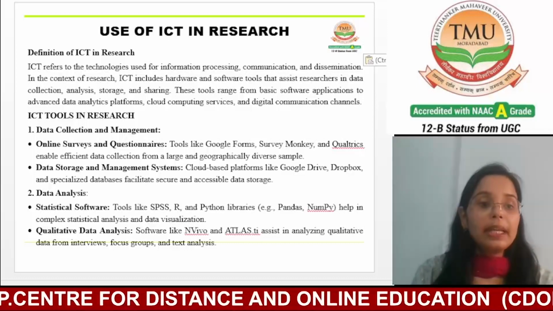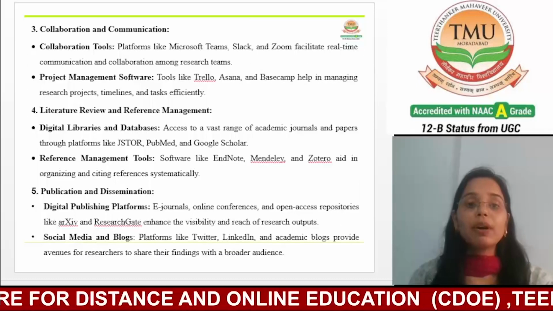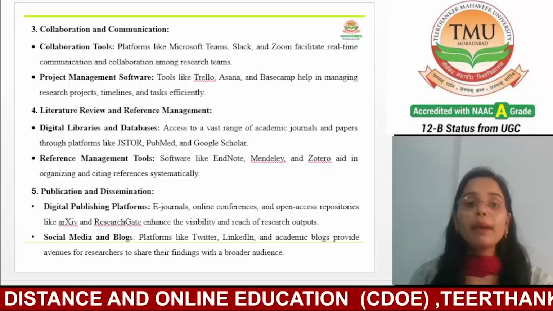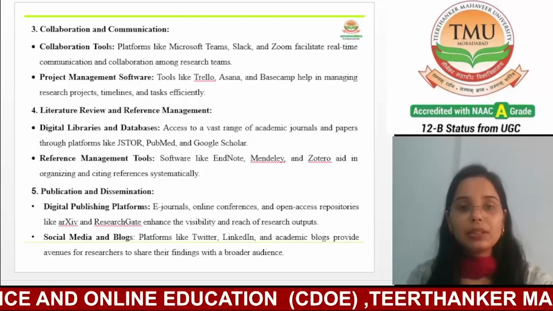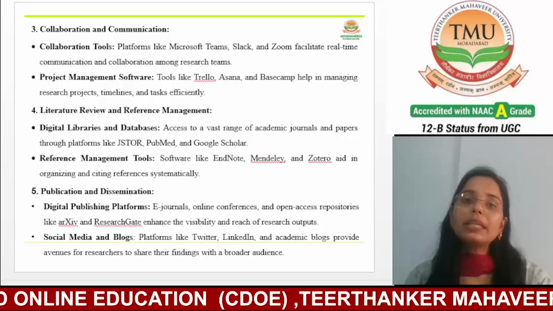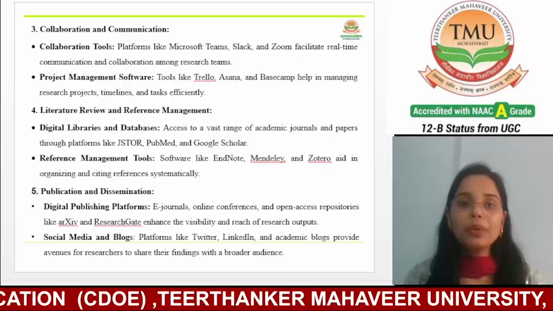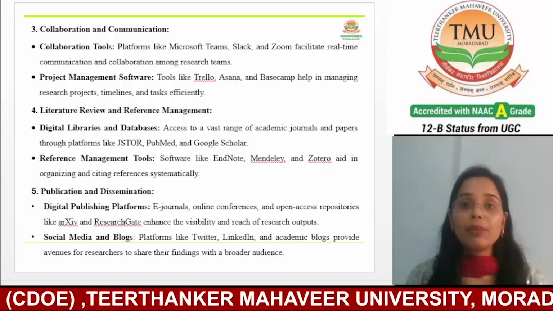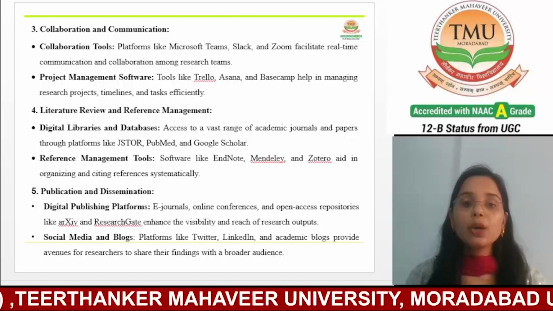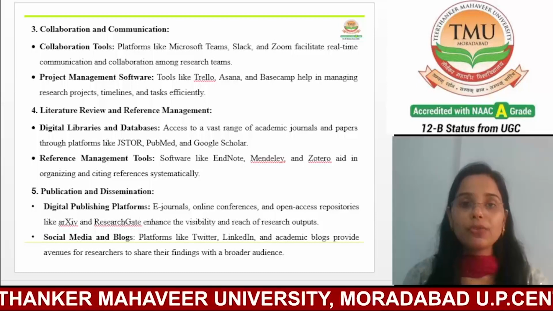Now, next we are going to discuss the third one, collaboration and communication. Collaboration and communication we have categorized also into two. The first one is collaboration tools. The second one is project management software.